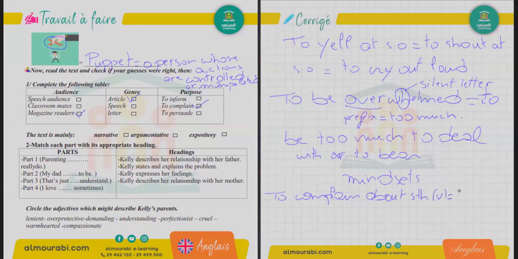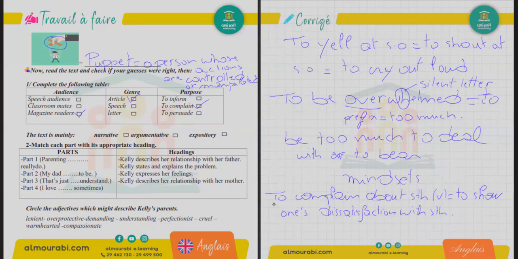That's a verb. Now, if you complain about something, what do you show? Are you happy if you complain? No. So you show you are unhappy, or that you are not satisfied. You show your dissatisfaction with something, your unhappiness. You're not happy with a situation.